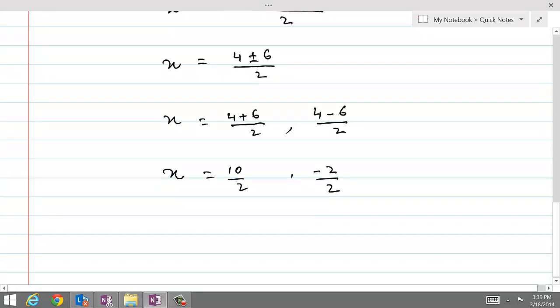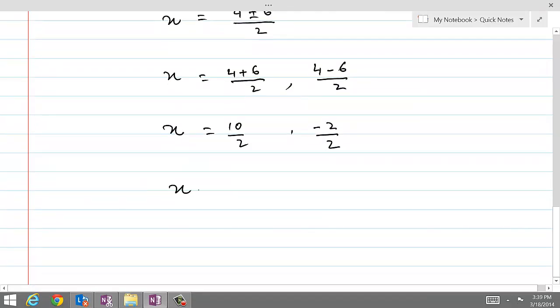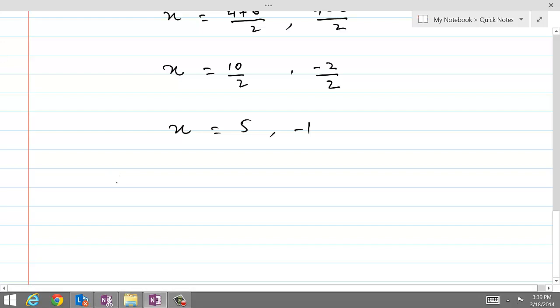So this is equal to 5, and the other value is minus 1. Therefore, the solution set is equal to 5 and minus 1.